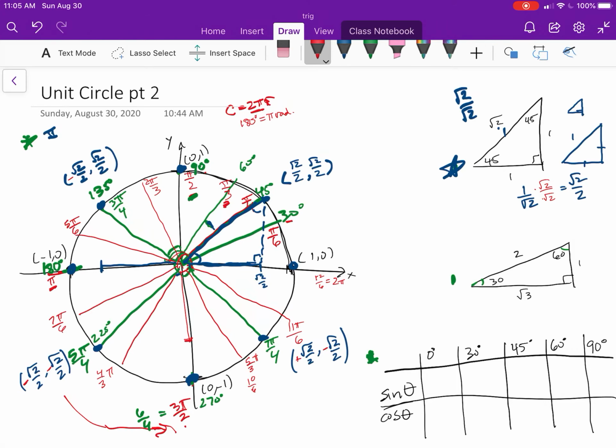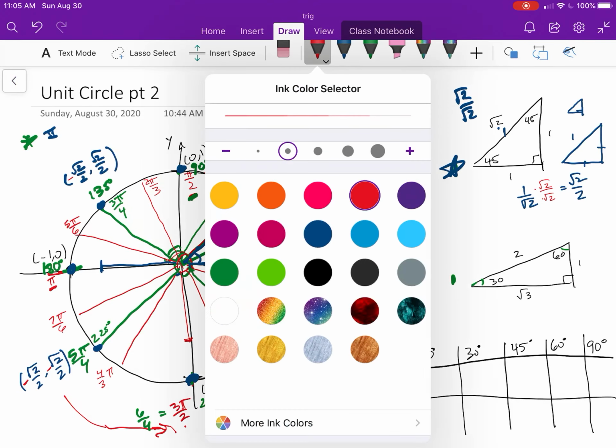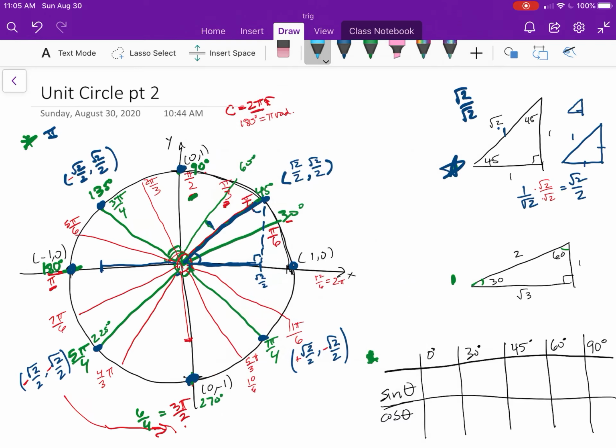So now we're going to look at all these points with the 30s. Okay, whoops. Actually, let's go ahead and do how about light blue? Alrighty. So similar thinking here. If I were to draw this triangle 30 degrees, here's my right angle, right?